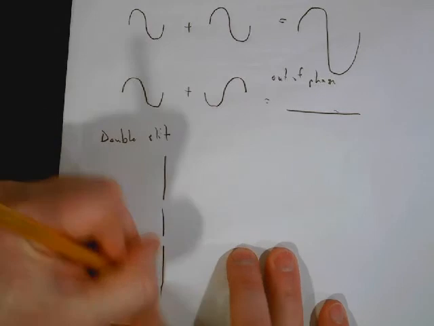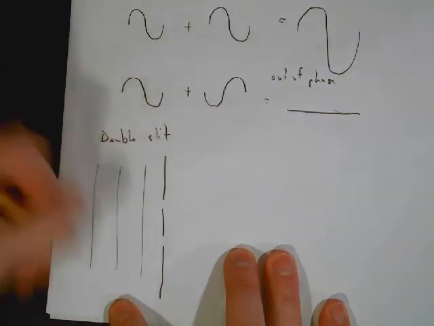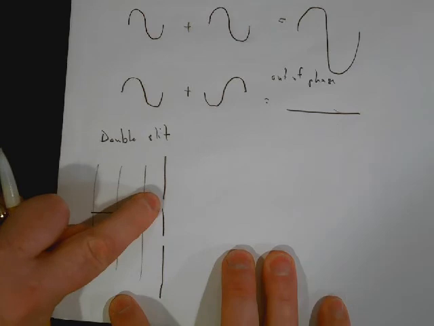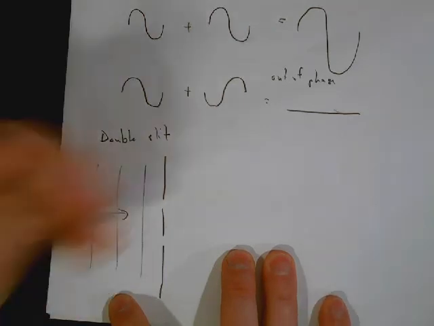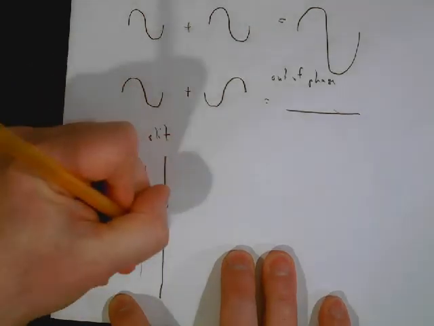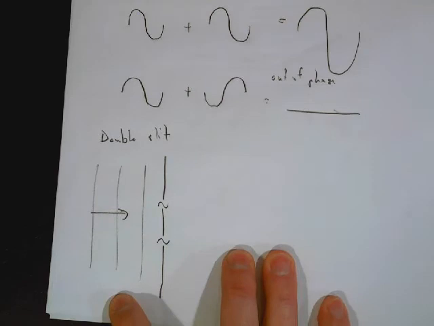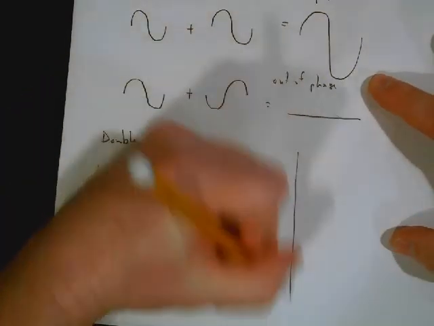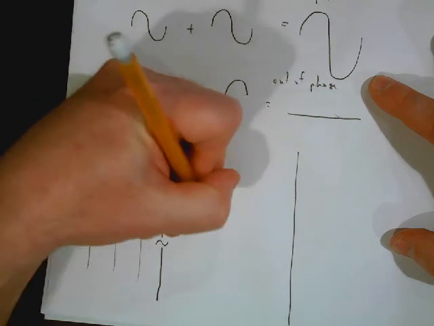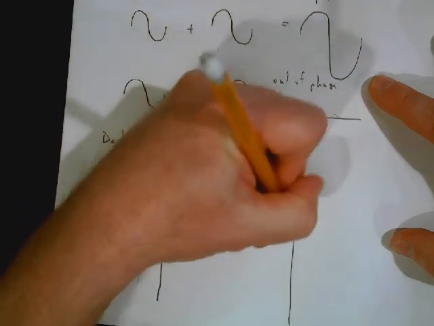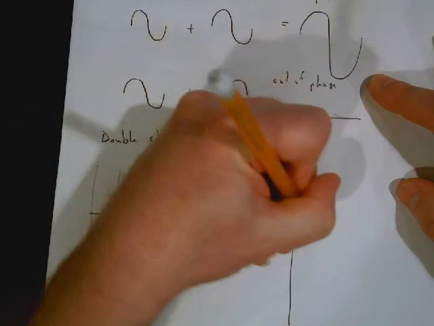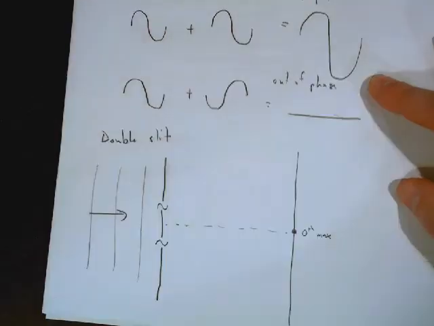So if I have a double slit like this, with waves coming in and hitting it, each slit is going to act like a point source. These two waves would start in phase. If you were to go over here, there would be a bright point right in between. That would be considered the 0th maximum.